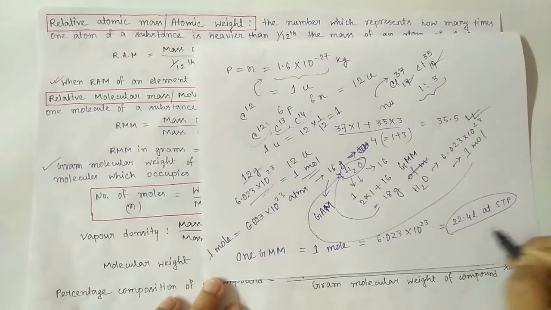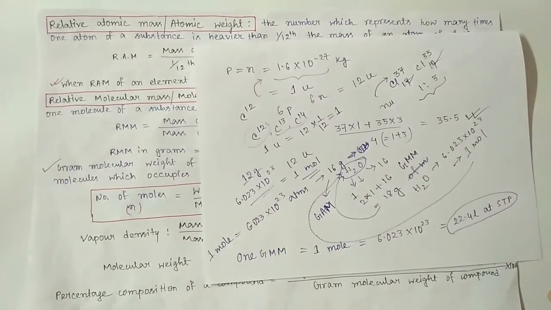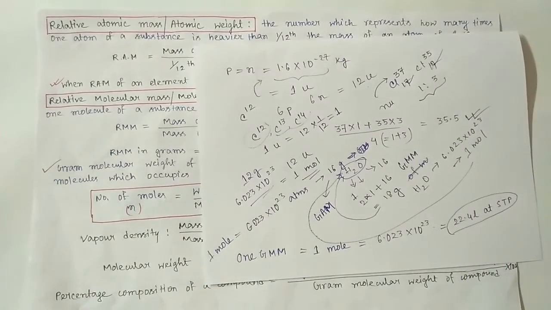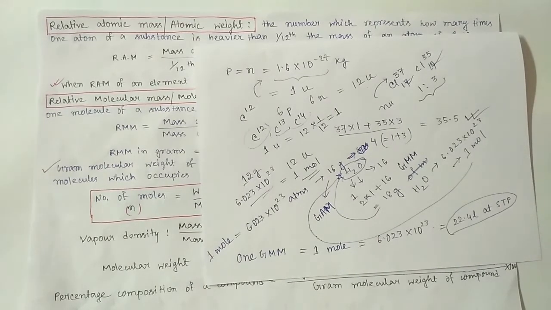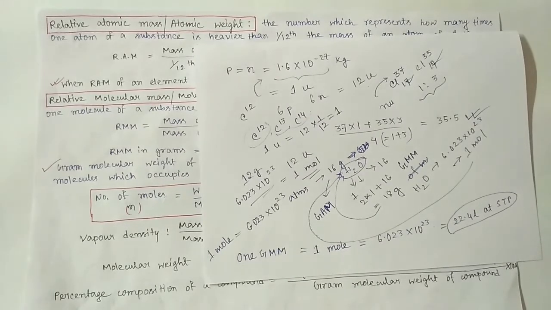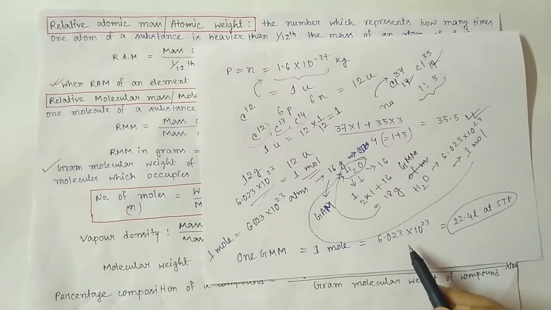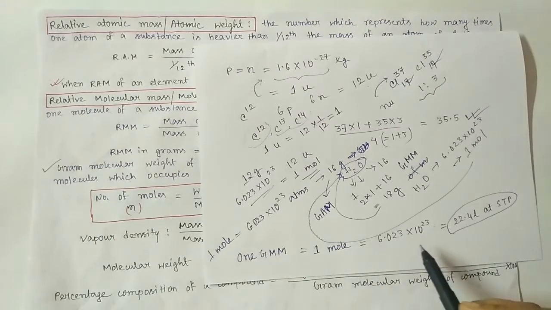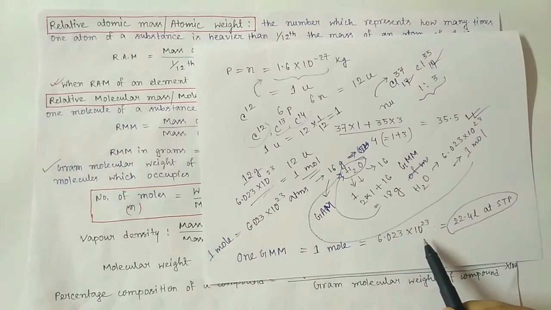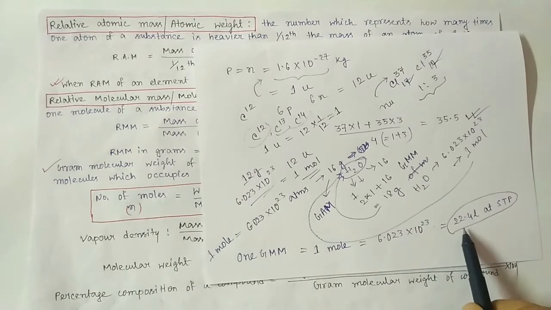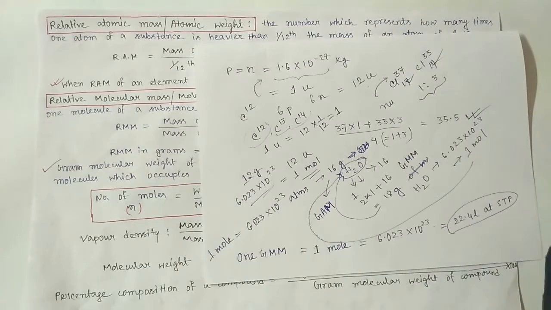Now, this is important. What is 22.4 liter? Actually, this is the molar volume. The molar volume of a gas can be defined as the volume occupied by 1 mole of a gas at STP. So if there is, for example, 6.023 × 10^23 number of gaseous molecules, it occupies 22.4 liter of volume at standard temperature and pressure.